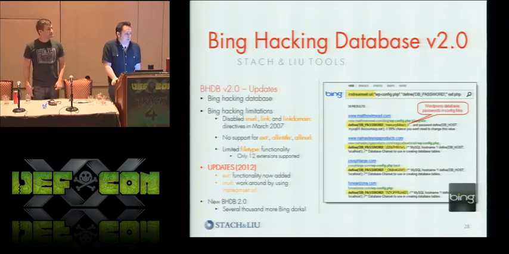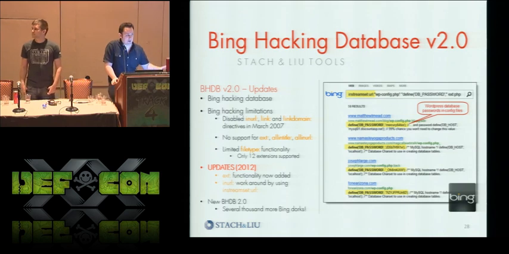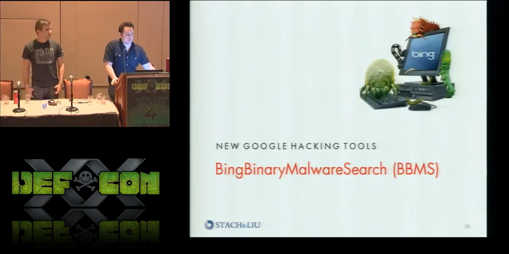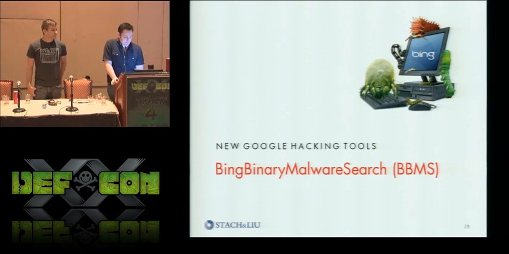This is a type of query that we would not have been able to do with Bing before now. So with the new version that we released in BingDiggity, we went from like 1,000 or some odd mildly effective queries to, I think, like 4,000 to 5,000 queries that are now pulling vulnerability information out of Bing. So it's kind of exciting.